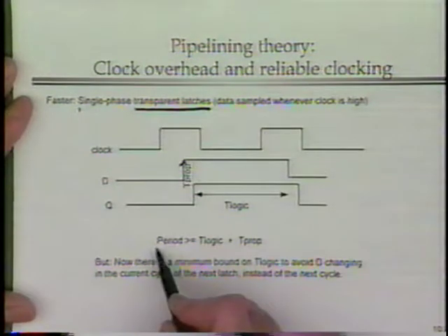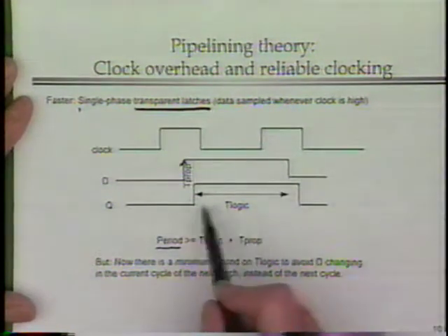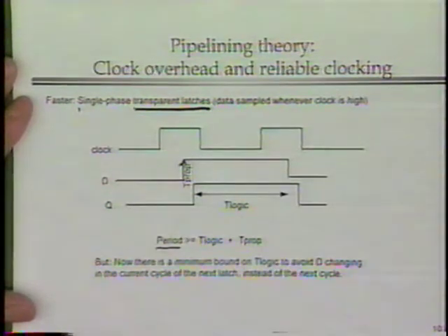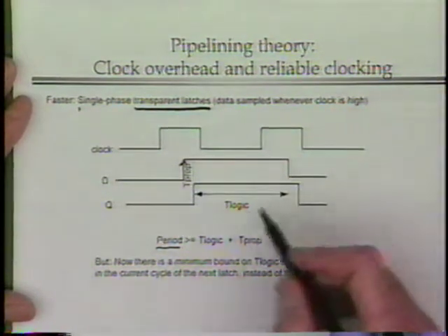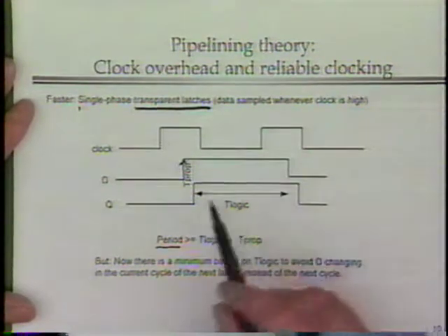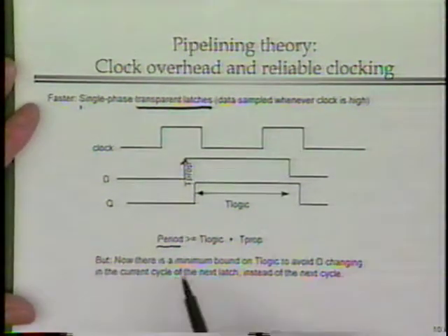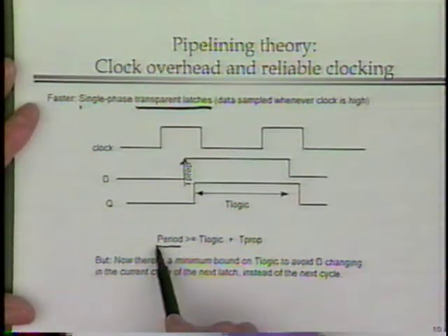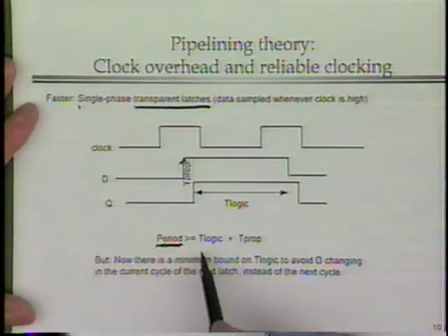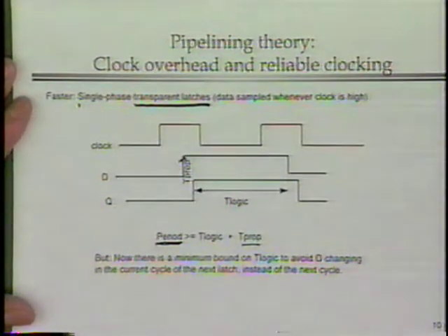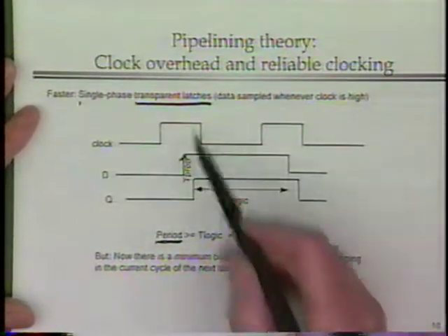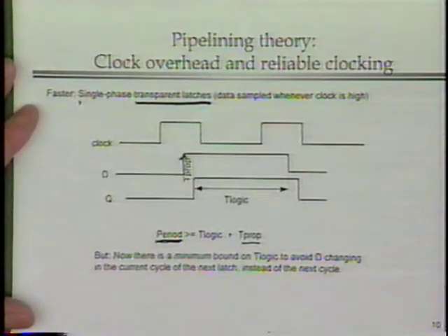So the total period can in fact be as good as the delay through the logic plus the propagation delay. I'm waving my hands a bit here because there is more to this story, but in fact if the system is well designed, you can get this improvement, where the period is a sum of the logic delay and the propagation delay through the flip-flops and not of the hold and setup times. And in fact, most pipeline processors use some form of transparent latching.